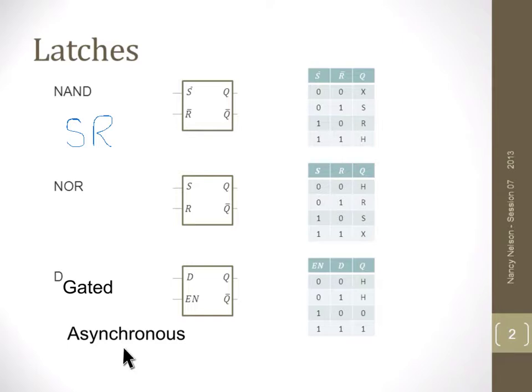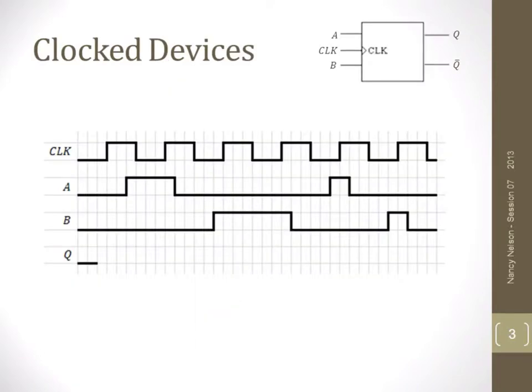Asynchronous means there's no clock that's controlling it, so it's not synchronized to a clock pulse. So if we introduce a clock instead of an enable pulse, we have what's called a clock device. And you can see a clock pulse here. We have a 50% duty cycle, and we basically have a pulse of on and off logic levels.